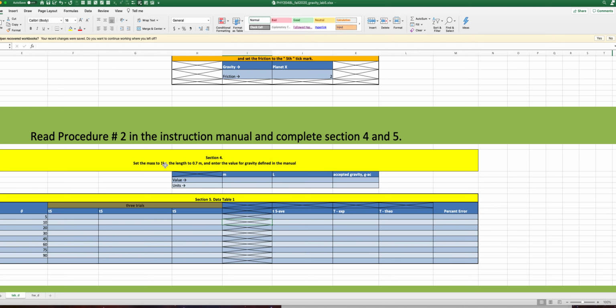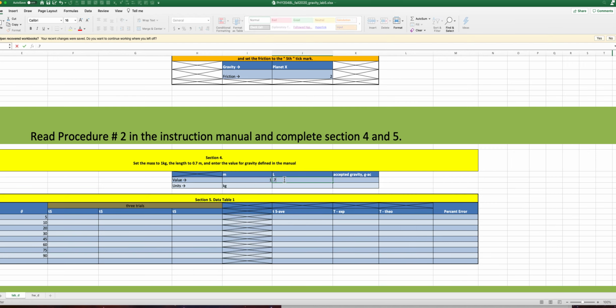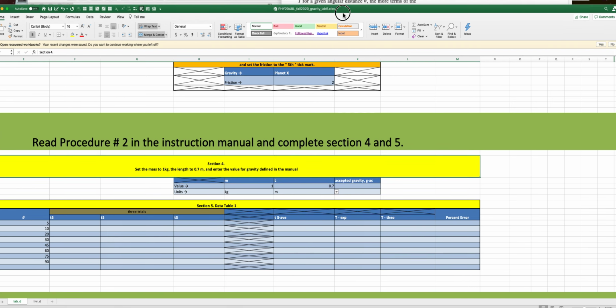Here it says in the PhET website, you're going to set the mass to 1 kilogram and set the length to 0.7 meters. And you'll enter here 1 kilogram and then 0.7 meters. And you have to do the same thing on the PhET website.